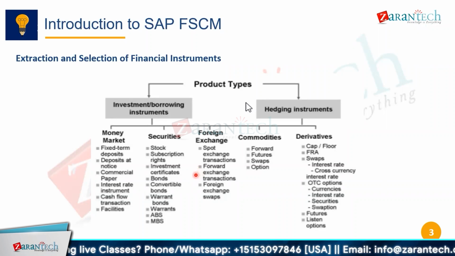For example, the date is 20, the date is 27, and I want the 27 December rate for USD and INR. If you look at the spot rate, the spot rate may be 73 rupees for 1 USD.